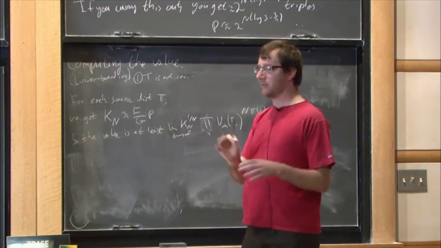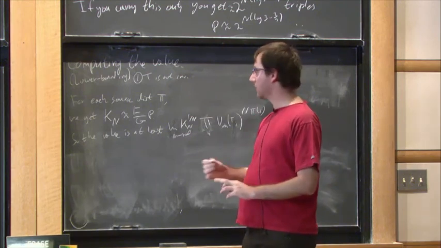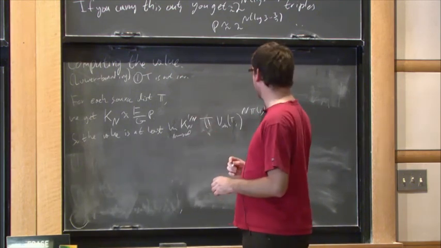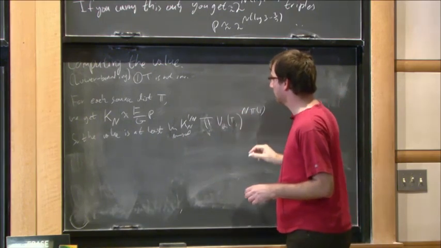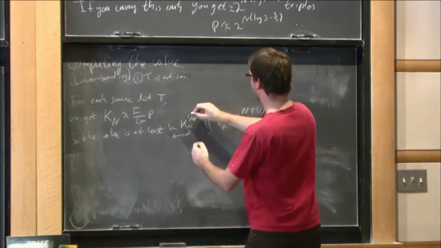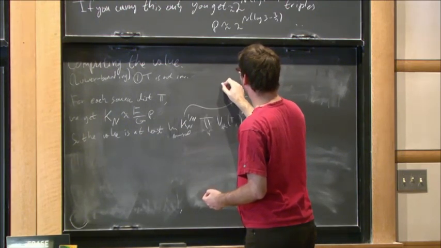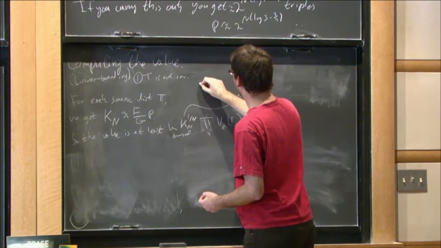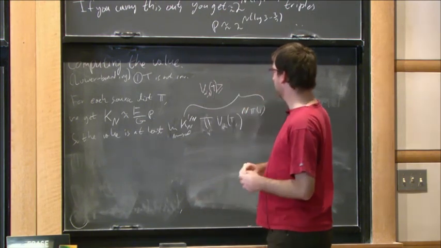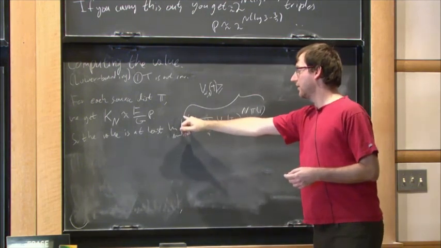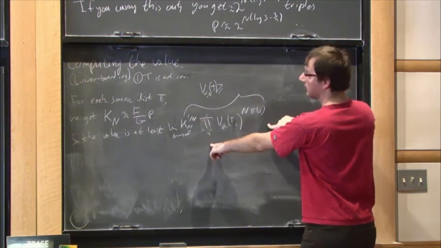So what's happening here? We try to compute this thing, which is going to be a lower bound on V_alpha^n of T. We get this many copies of something, and this something is worth this much to us.